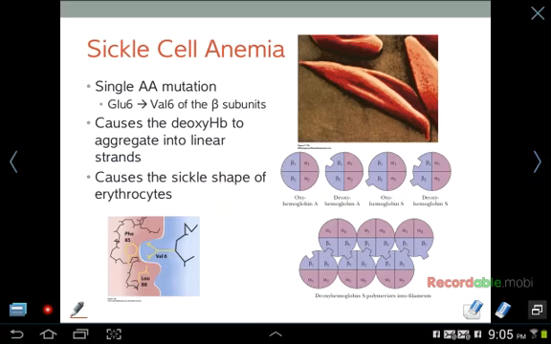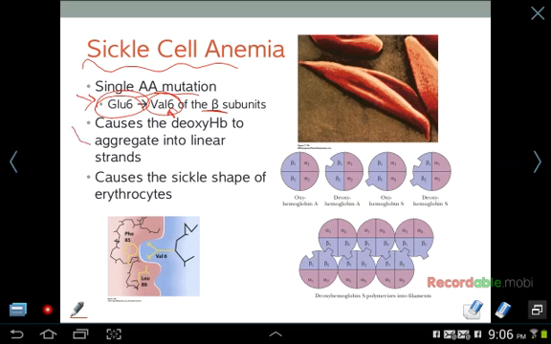Now, another mutation that's not as cool is in sickle cell anemia. So this is actually a single amino acid mutation where glutamate 6 is mutated to valine 6 in the beta subunit. So we have a very hydrophilic, charged amino acid getting mutated to a very hydrophobic amino acid.